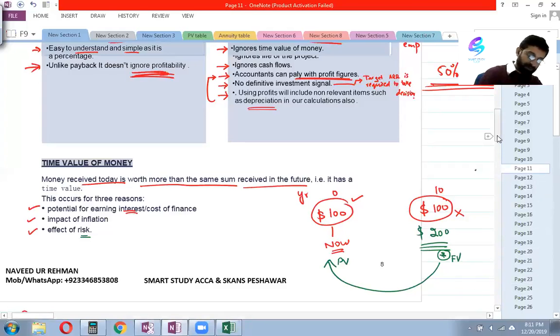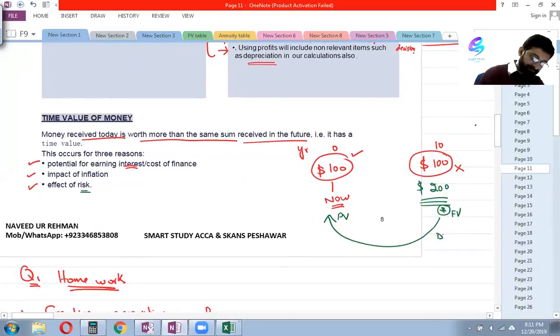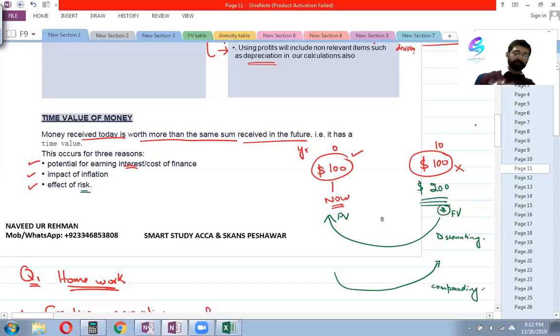This is what we call discounting. Now, if we are given the present value and we want to calculate the future value, this is what we call compounding. So basically, we're doing the opposite. We're given the present value and we want to find the future value. We are going to do compounding then.